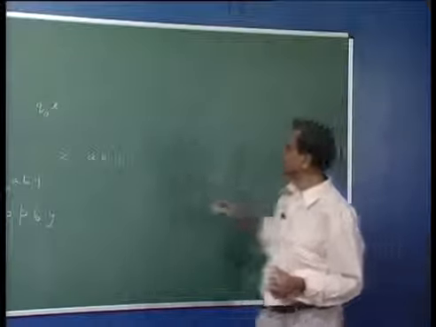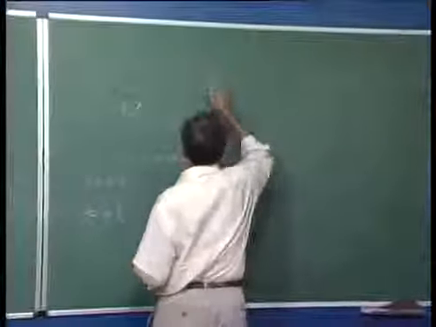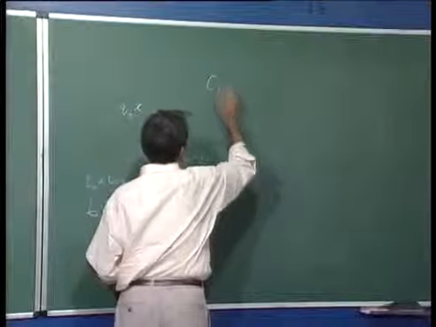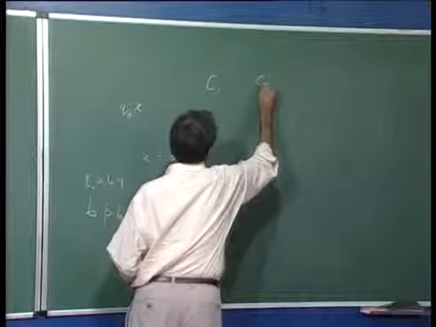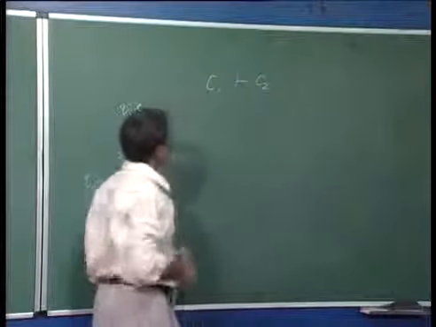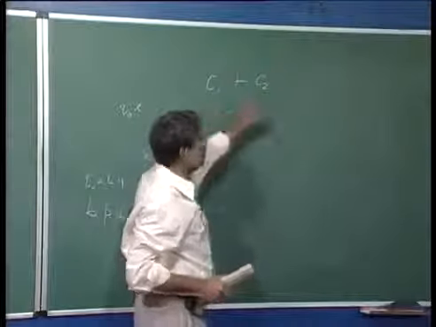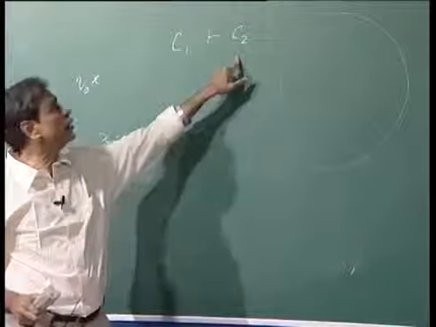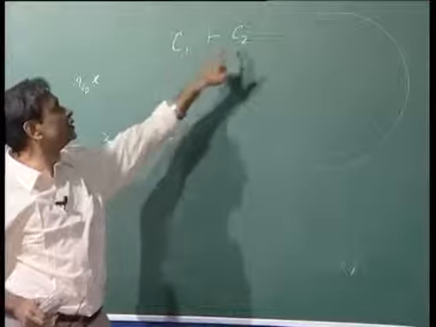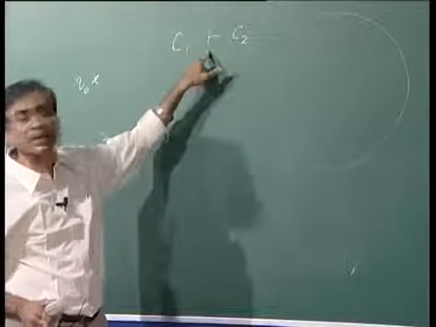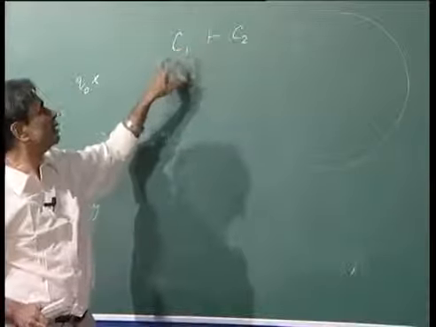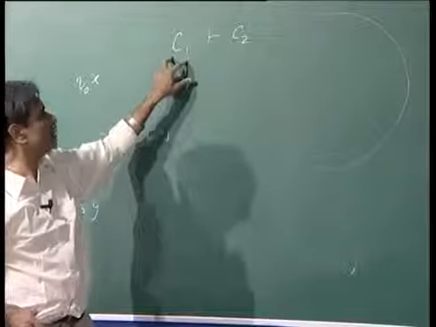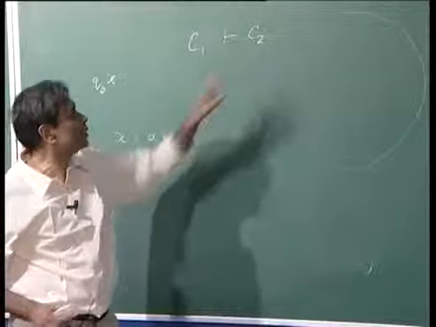And what is that relation? Supposing there is configuration C1, another configuration C2, we say C1 derives C2 in one step, or C1 is related by this relation if the Turing machine in one step can go from C1 to C2.